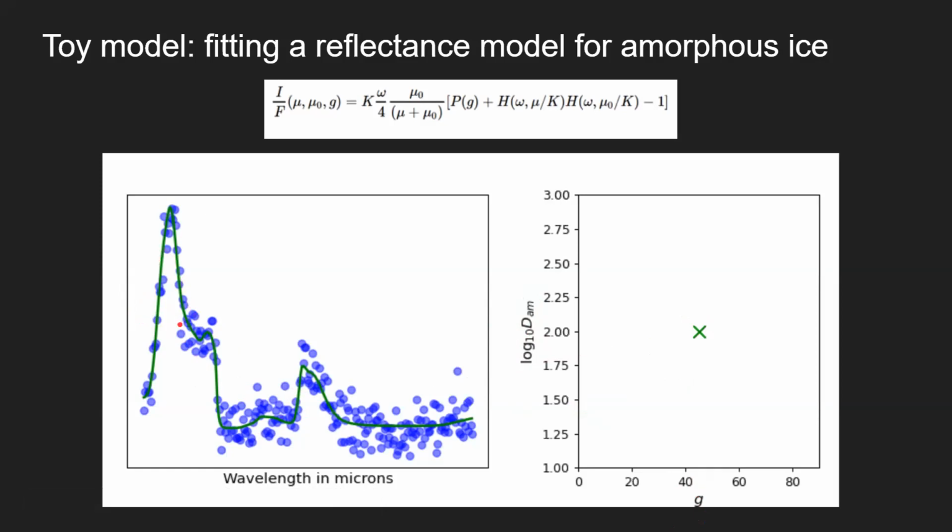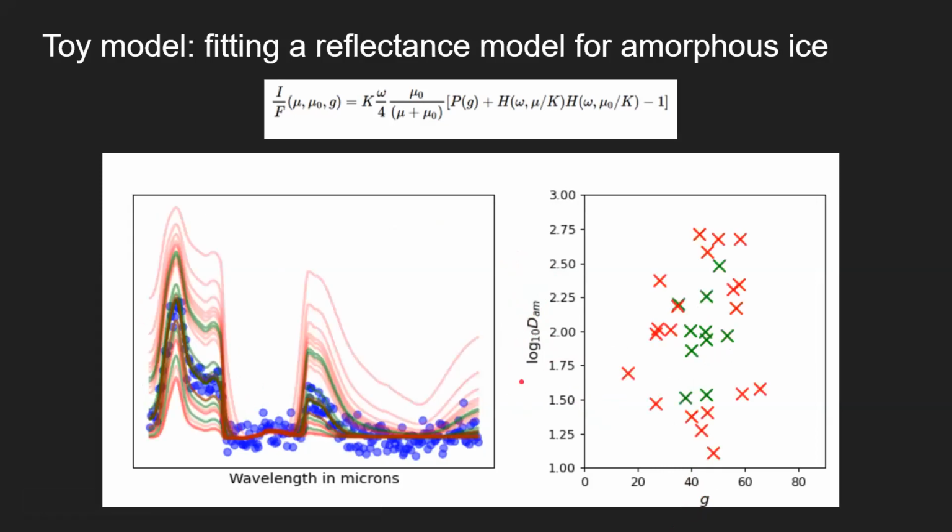What you're seeing now is that if I try other sets of values of the phase angle and the grain size around this parameter space, you can see that the models are different, and some models fit the data well while others do not.